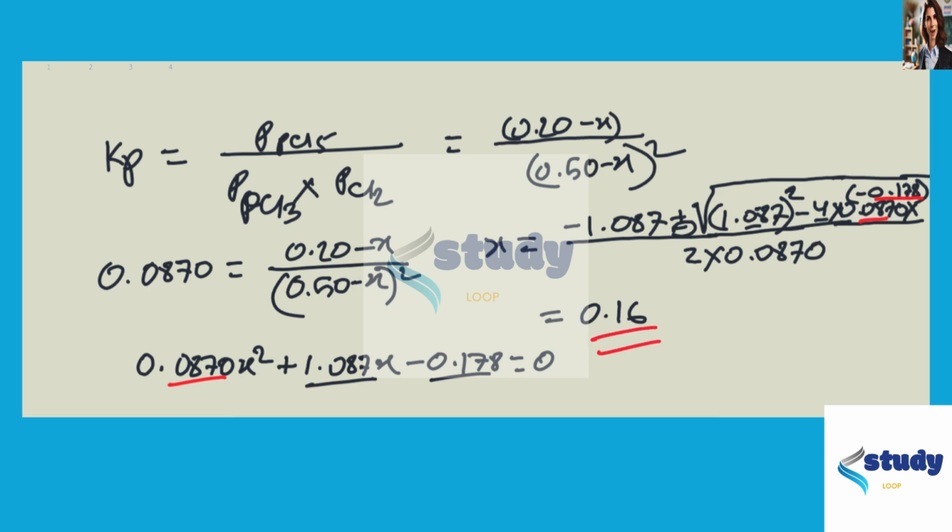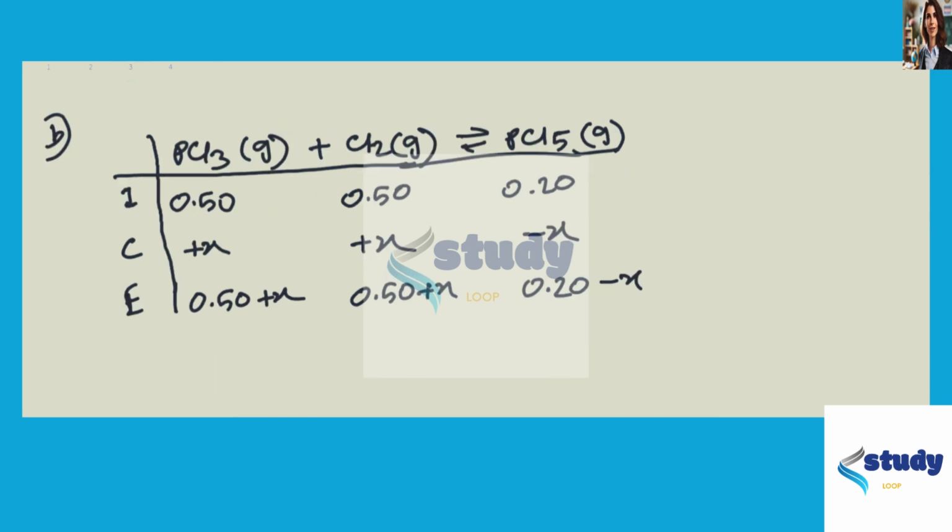So this is the acceptable value for x, and now if we plug the value of x into the equilibrium partial pressures, we can get the equilibrium partial pressure for each of the gases.